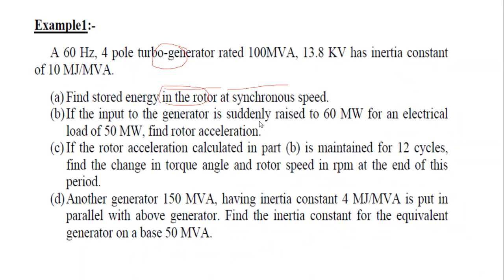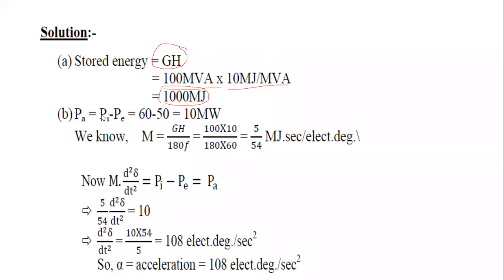If the input to the generator is raised to 60 megawatts, then Pi is equal to 60 megawatts, and the electrical output Pe is equal to 50 megawatts.